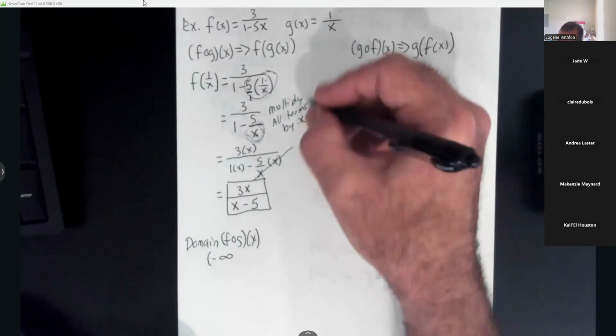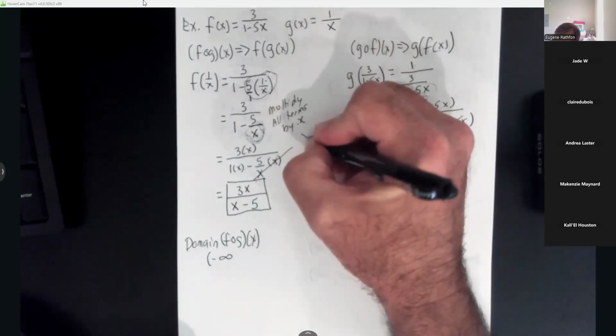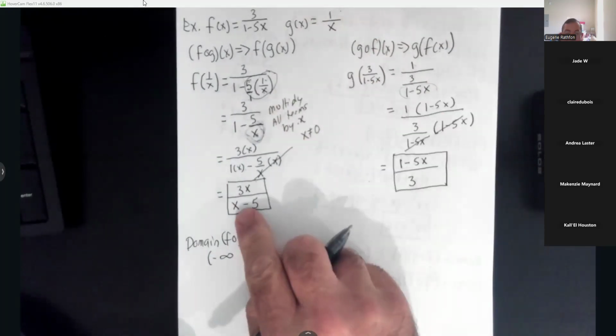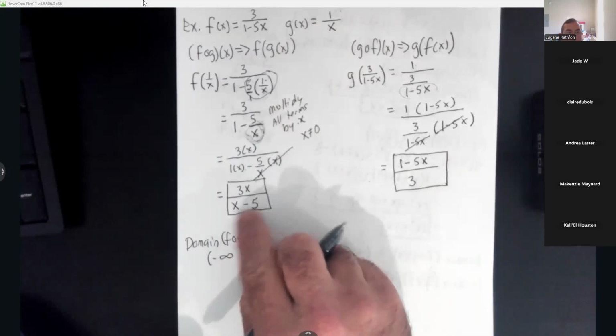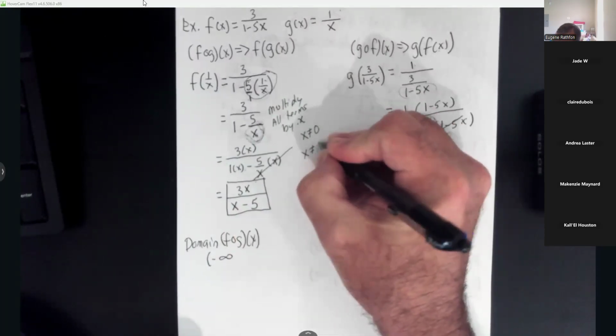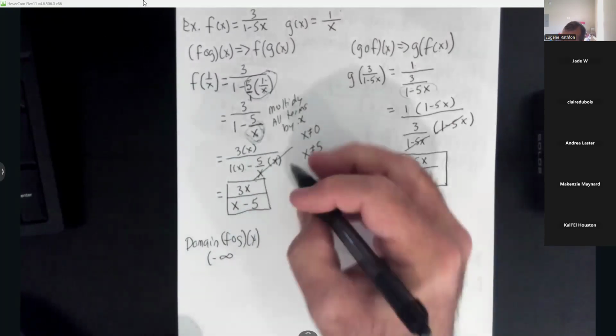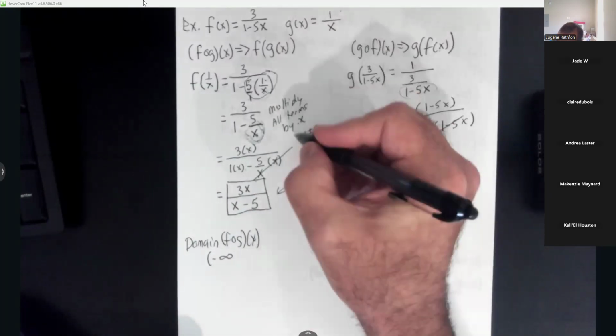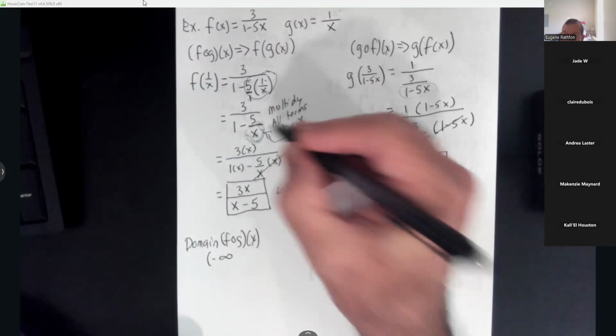So we're kicking out a 0 for this one. And right here, the only number this cannot be is 5, because 5 minus 5 would make that 0. So I know x cannot equal 5 because of this one, and a 0 because of that.